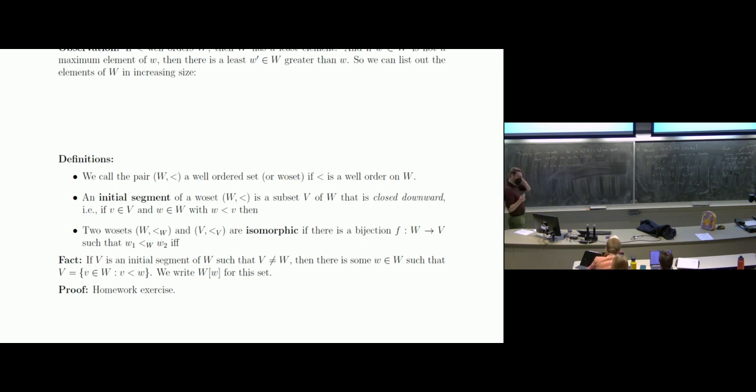If that doesn't happen, then two possibilities: W is isomorphic to an initial segment of V, or V is isomorphic to an initial segment of W. That's it.